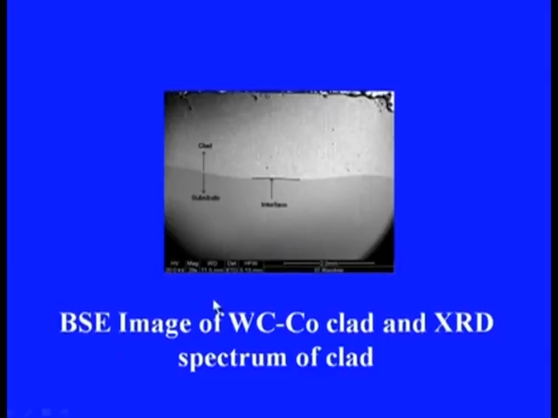So, this is an image of the clad being developed. This is the image of the tungsten carbide and cobalt clad. This is the substrate we can see on the screen, that is the stainless steel substrate, and this is the clad. We can see a very homogeneous microstructure of this clad, and there is no visible crack, no visible porosity.